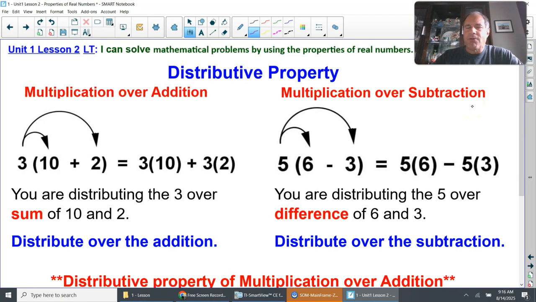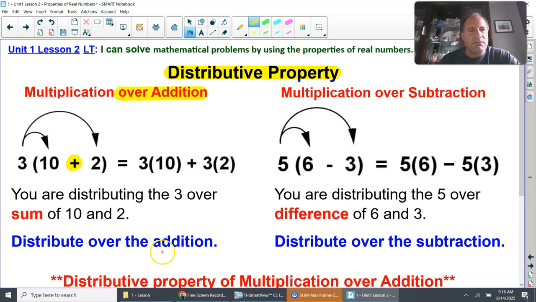So we went over distributive property just a little bit before, but we're going to talk about it again. This is multiplication property over addition. All right, these are all distributive properties. And the multiplication property over addition means that you're multiplying over addition.